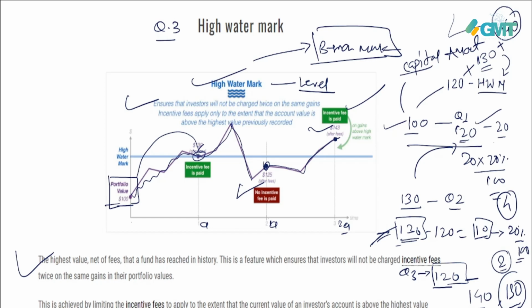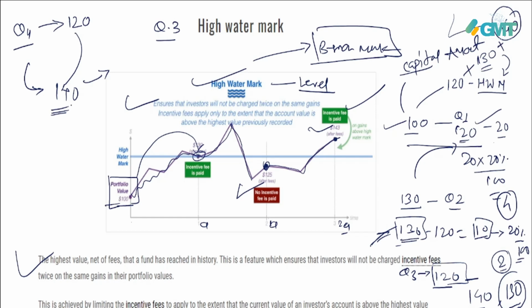So once you reach it, but yeah, let's take the example of quarter 4. In quarter 4, if the fund reaches the level of 140, let's take the example of 140, then here again incentive fees will be accrued. But how?